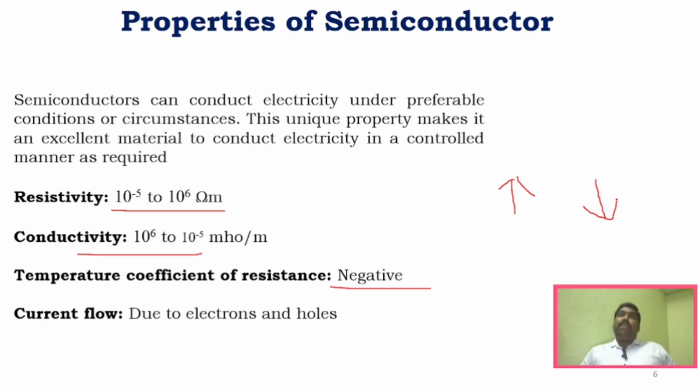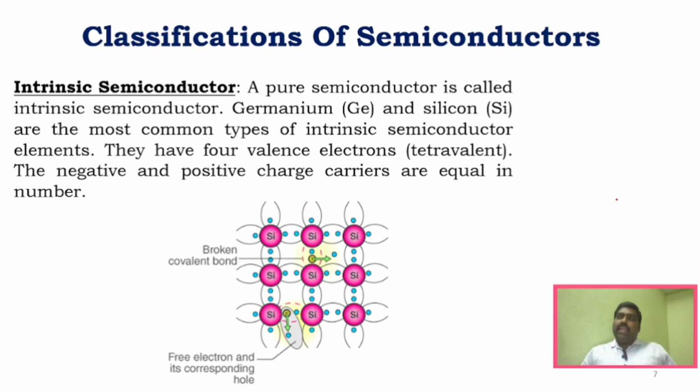And coming to the important side of semiconductors, which is the basics for most electronic components, you have to understand the types of semiconductor. Semiconductors can be classified into two different types: intrinsic semiconductor and extrinsic semiconductor. An intrinsic semiconductor is the purest form of semiconductor, for example, germanium or silicon, right?